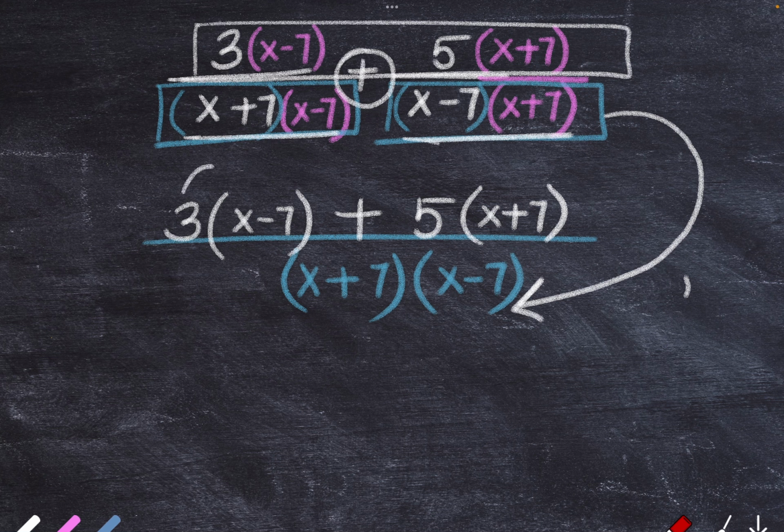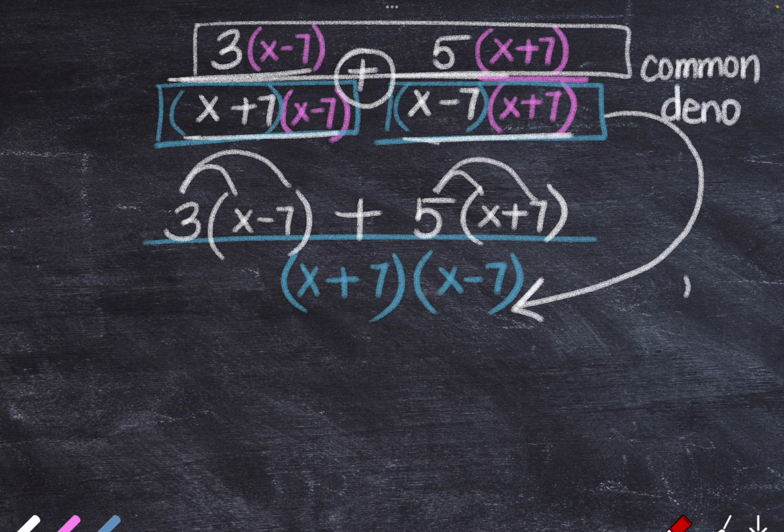Now here we will use the distributive property. For this step, we will call it the common denominator step. And here we will call it the distributive property that we are using. So 3 times 1x, there is a 1 here, so 3 times 1x is 3x. 3 times negative 7 will be negative 21.